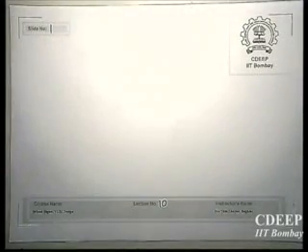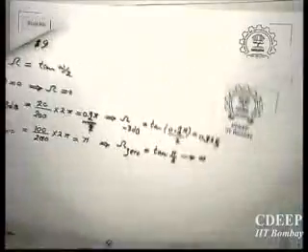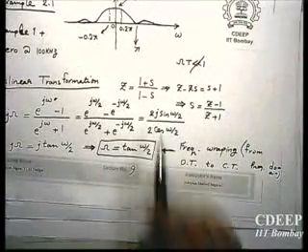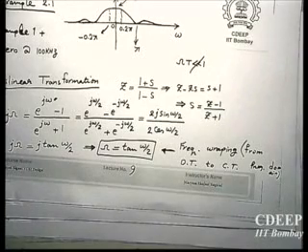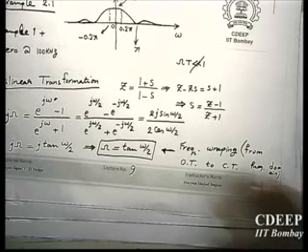Before continuing, just one thing. I actually expected somebody to ask yesterday, but nobody asked. If you notice in the bilinear relation, I used 1 plus s upon 1 minus s. Something is missing in this relation. Yeah, 2 by T. Let me show you, it doesn't change anything.